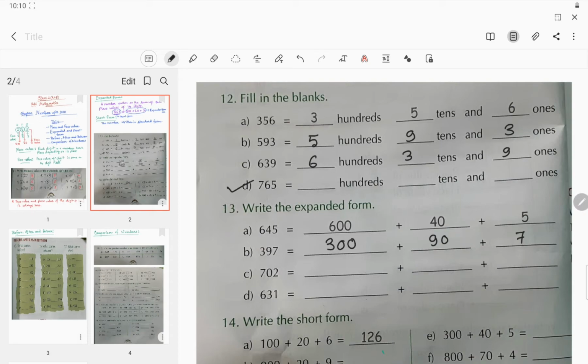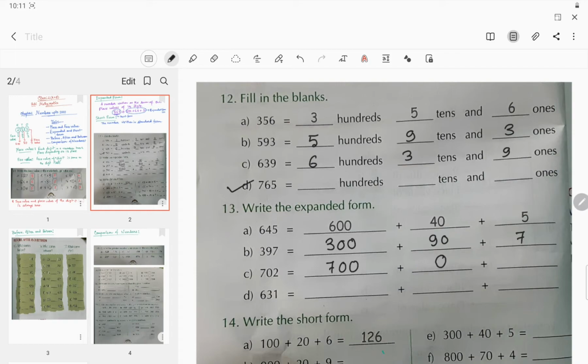And in C, the short form is 702. So in this first one it will be 700. In the second, it will be only 0, since I already told you that the place value of 0 is always 0.